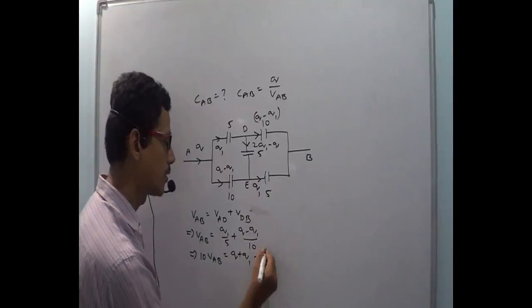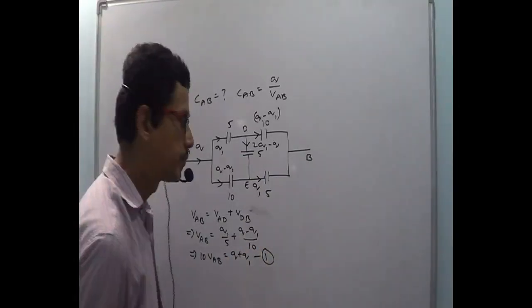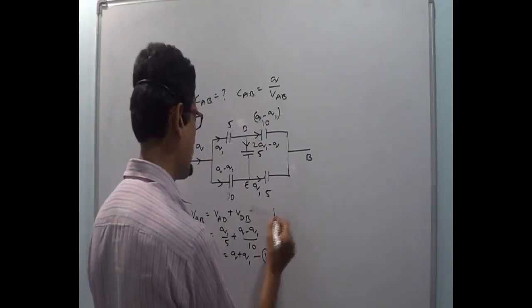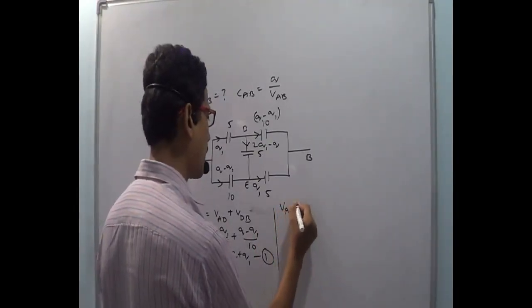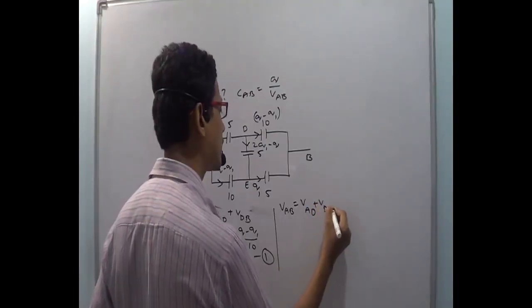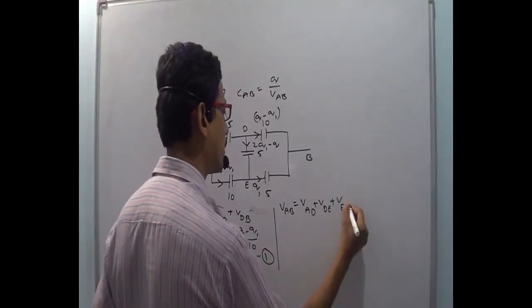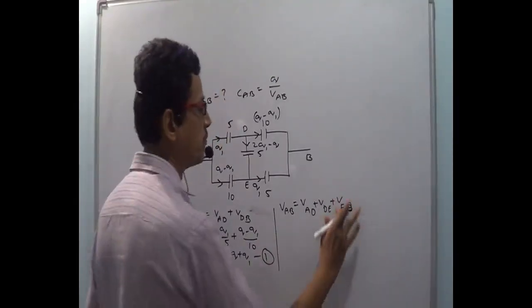This is equation 1. Then VAB, I can also write as VAD plus VDE plus VEB.